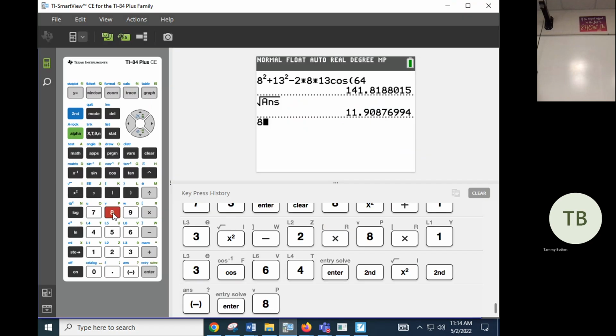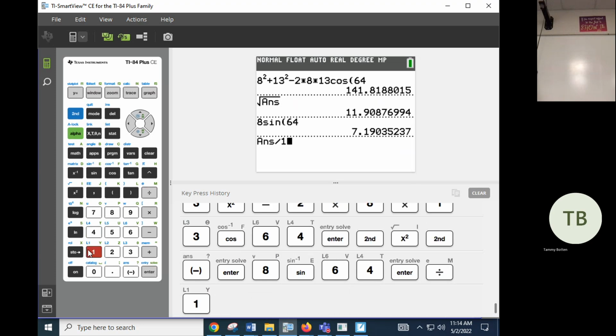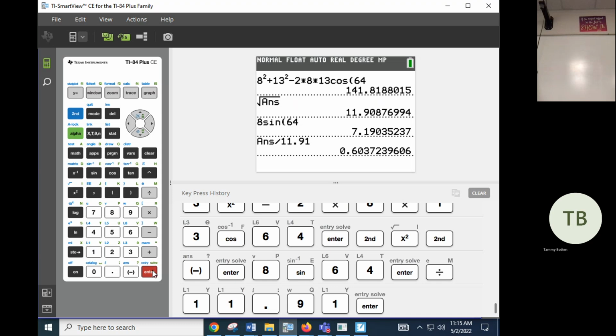And it's 8 sine of 64 enter divided by 11.91. Now we're looking for an angle, and hopefully you guys wouldn't think this is a good answer for an angle. This is sine of that angle. Do you guys remember what to do then to get the angle?